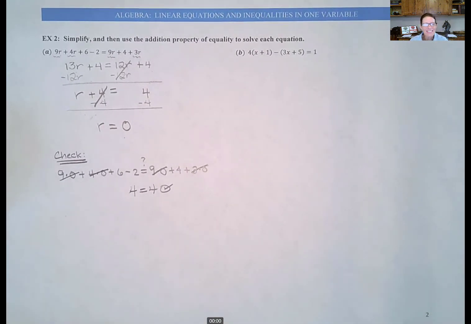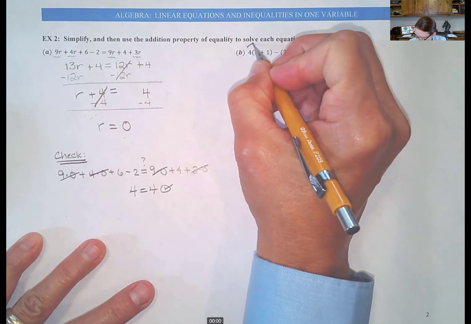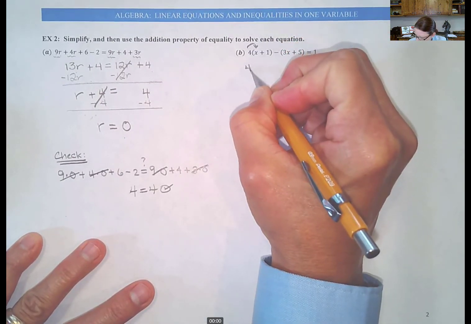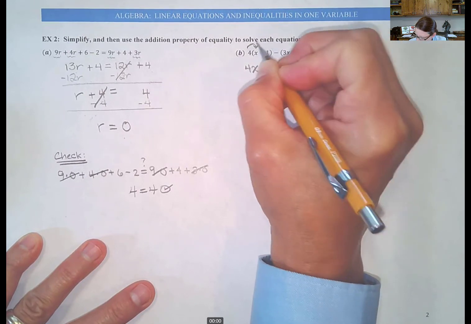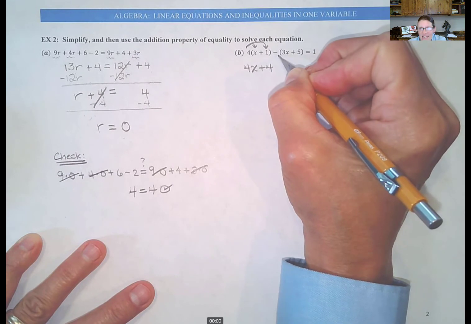Last problem for this section, okay? Part B. We're going to simplify, then solve. Now, let's use our distributive property. Here we go. 4 times x plus 4 times 1. That's 4. Now, be careful here.